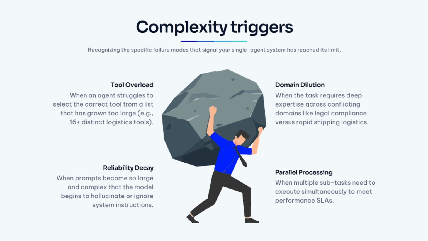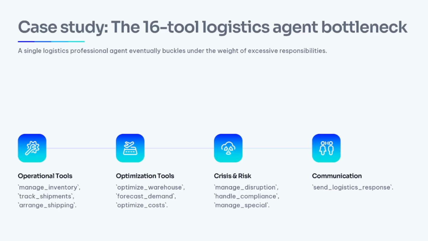That is confusion, because even a single human being cannot function as an IT manager, procurement manager, HR manager, and finance manager. No, it's not possible. So that will cause confusion in the cognitive system of the agent. Then parallel processing: when multiple subtasks need to execute simultaneously, a single agent cannot handle this. So you need a multi-agent system here.